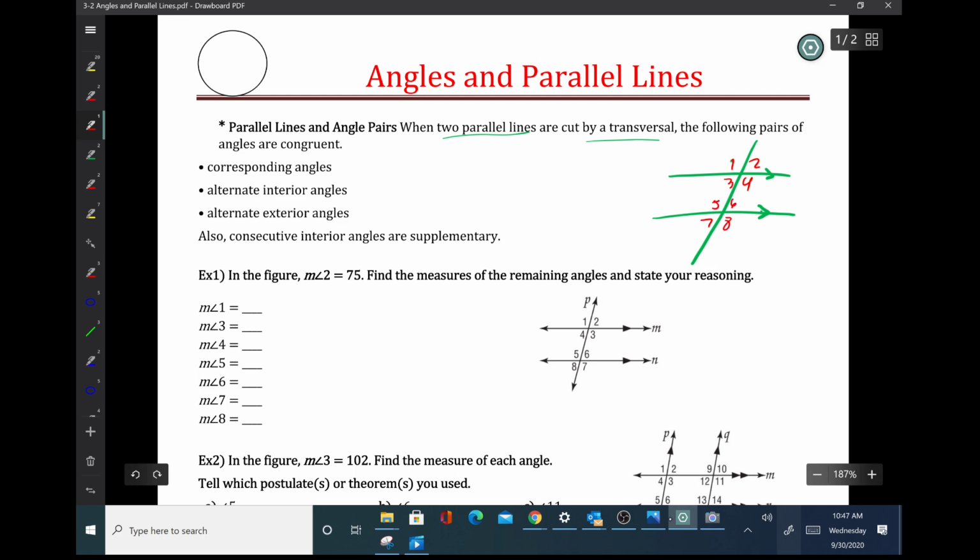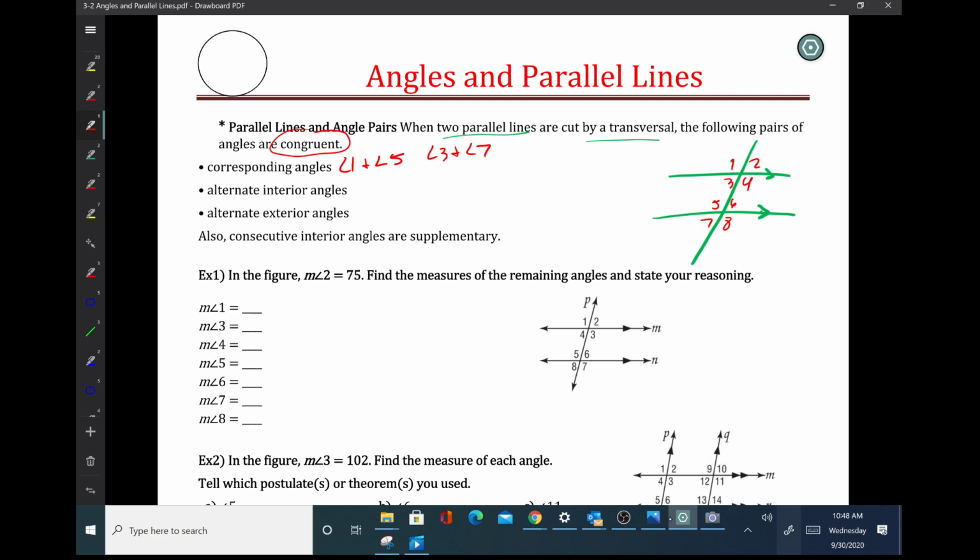All right. Here's what we learned yesterday. Corresponding angles, like angle 1 and angle 5, angle 3 and angle 7. There's other ones, but those are examples. Those are corresponding, right? Based on last night's homework. They're congruent. If you have two parallel lines cut by a transversal, corresponding angles are congruent. That means 1 and 5, 3 and 7, 2 and 6, 4 and 8.